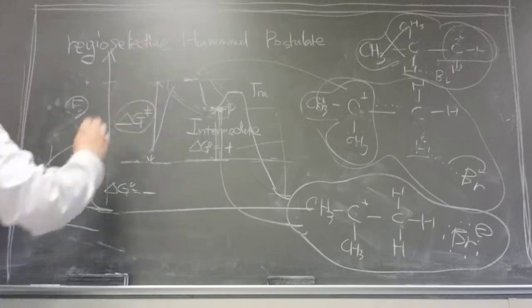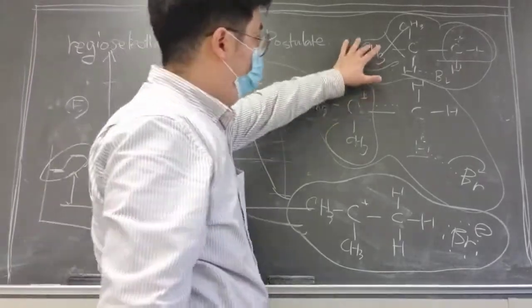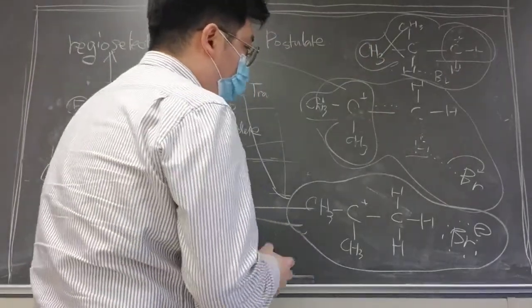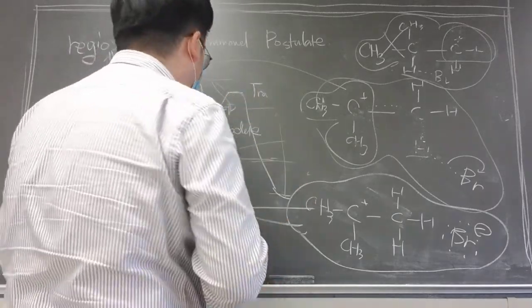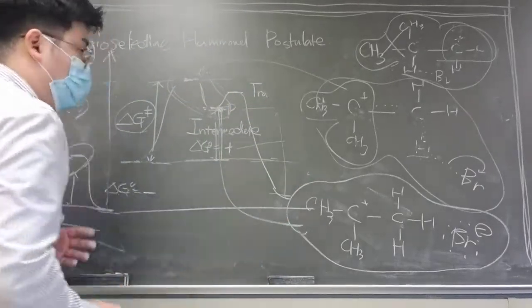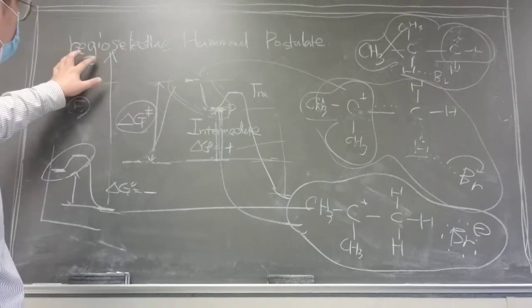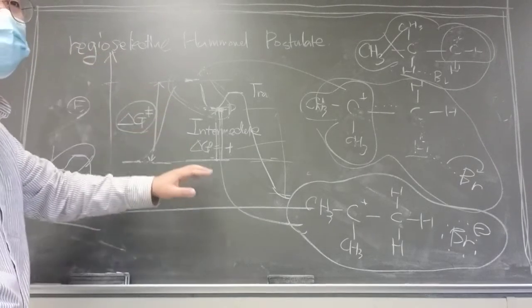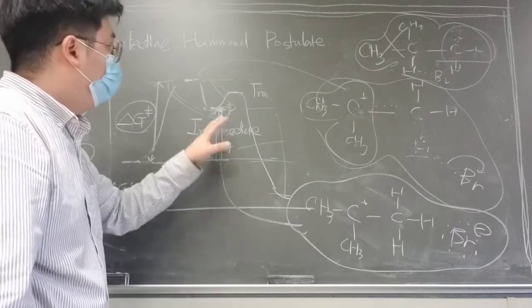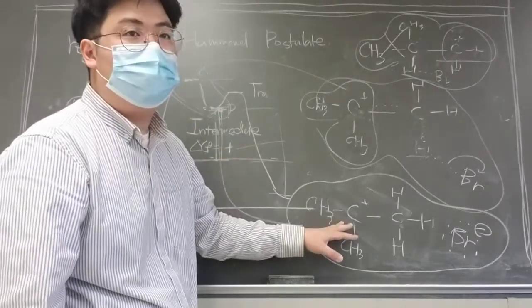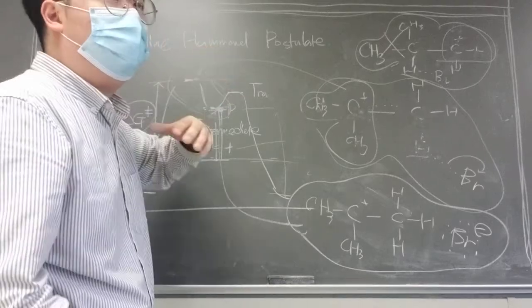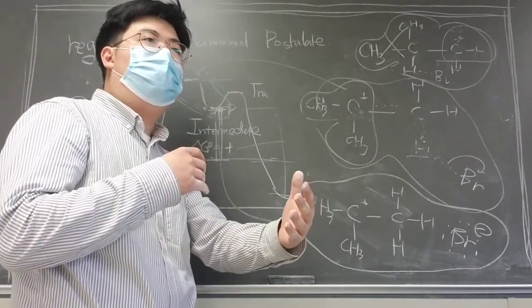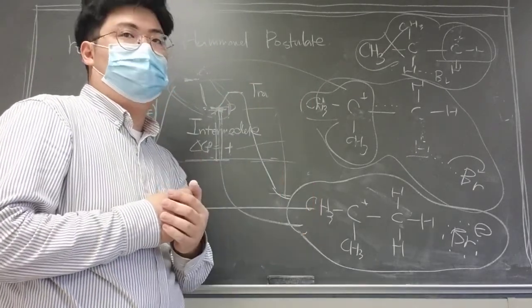If there are two possible products, this one and this one, but it only prefers one product much more dominantly, almost 99% or 90%, we call this a regioselective reaction. And it is with the stability of the carbocation and also the Hammond postulate that all sums up to explain the Markovnikov rule.